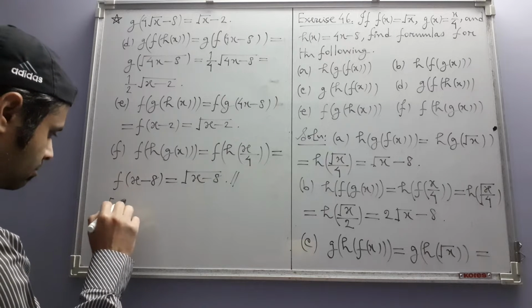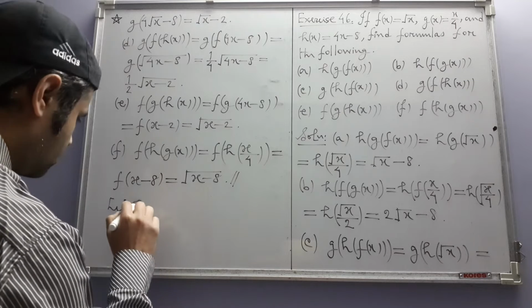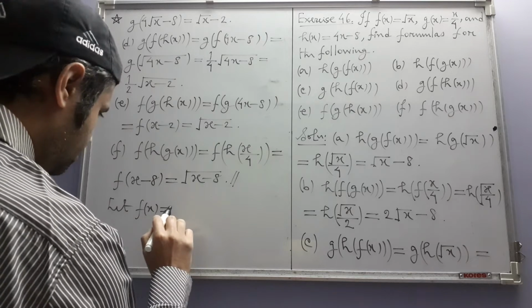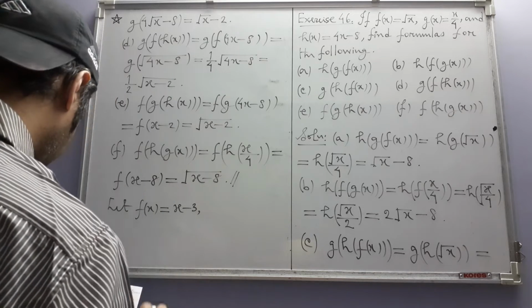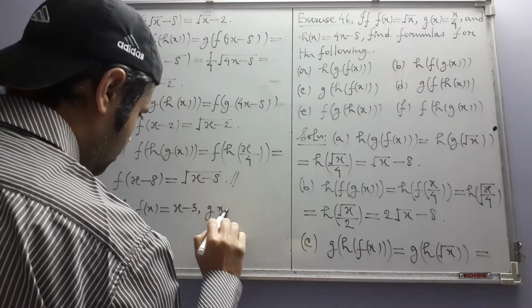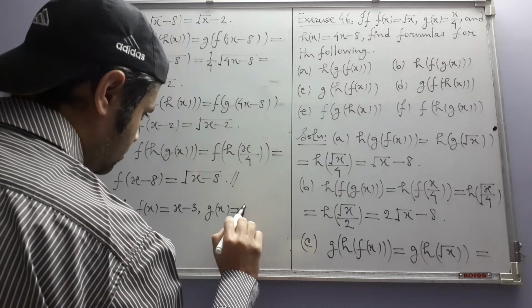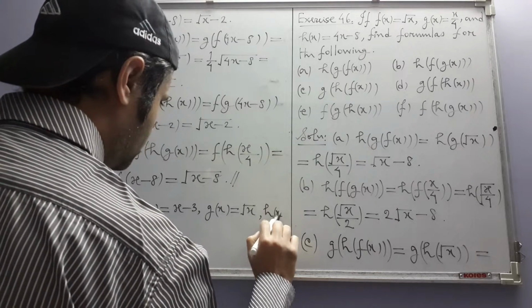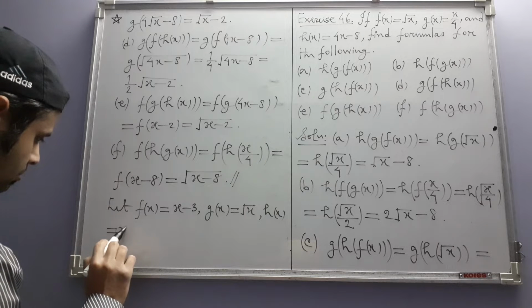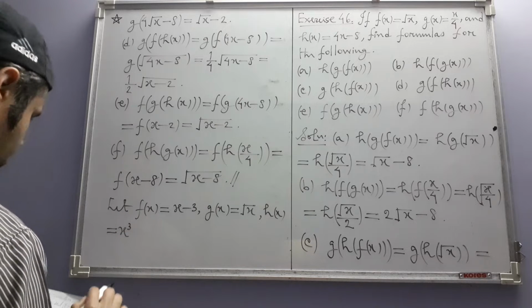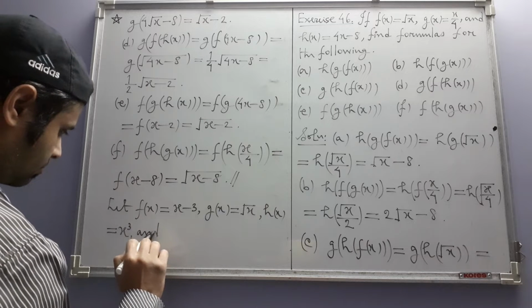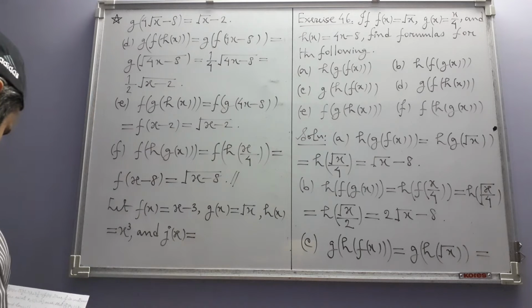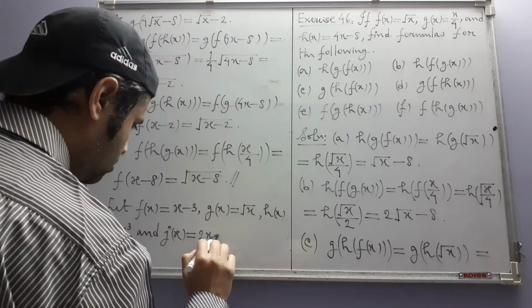Let f of x be equal to x minus 3, g of x be square root of x, h of x be x cube, and j of x be 2x.